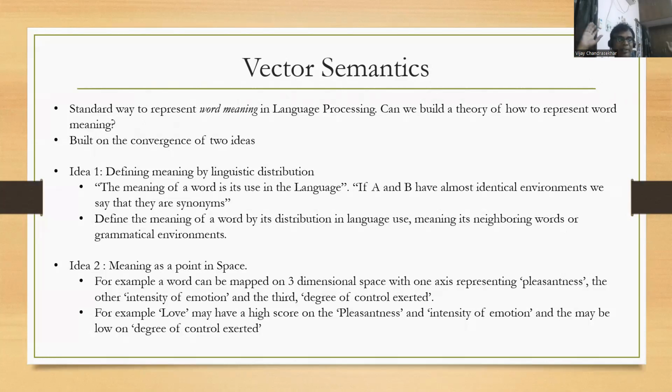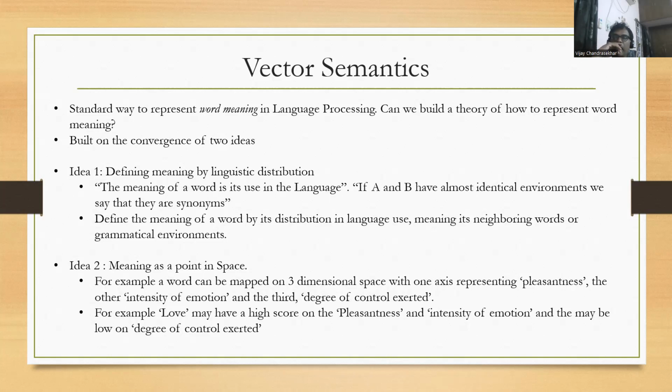Now a lot of people have been thinking about this for a while. See, we work in the world of mathematics, correct? So what we need to do is figure out how to represent the meaning of a word mathematically. That is the objective. Okay.